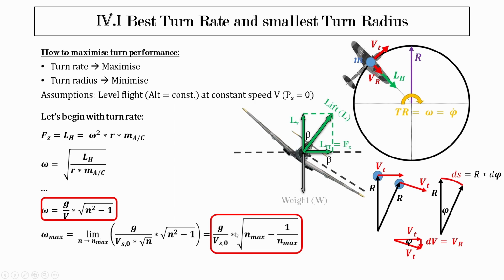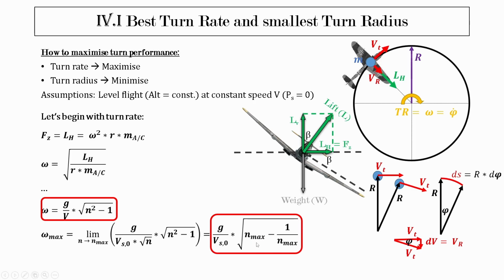So if your aircraft is heavy or has small wings and the stall speed is high, then there's nothing you can do about it other than to accept that you might not get the same turn rate out of it as compared to an aircraft with a slower stall speed. The only way to overcome this is if you were flying an aircraft with so much thrust that you could potentially sustain higher load factors, and then at some point, I mean, you could do the math.